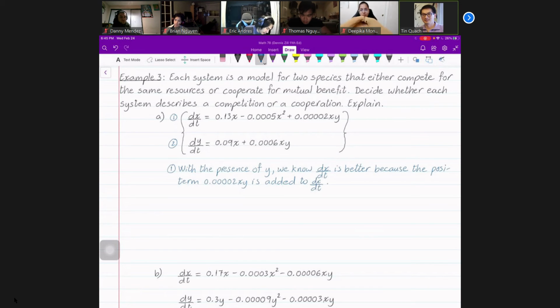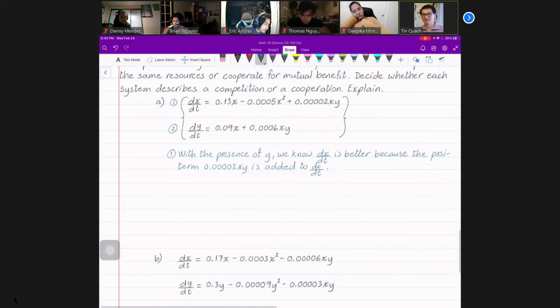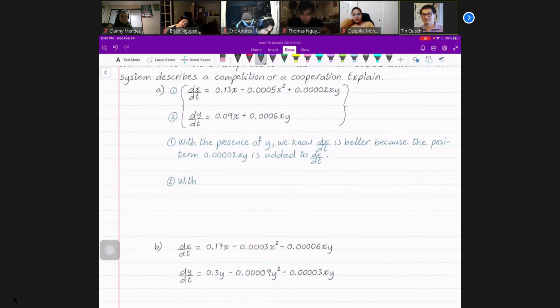Now let's study 2. So what about 2? Two is dy/dt. So we want to look at the term when y is interacting with x, which is this term. Is that a positive term also?